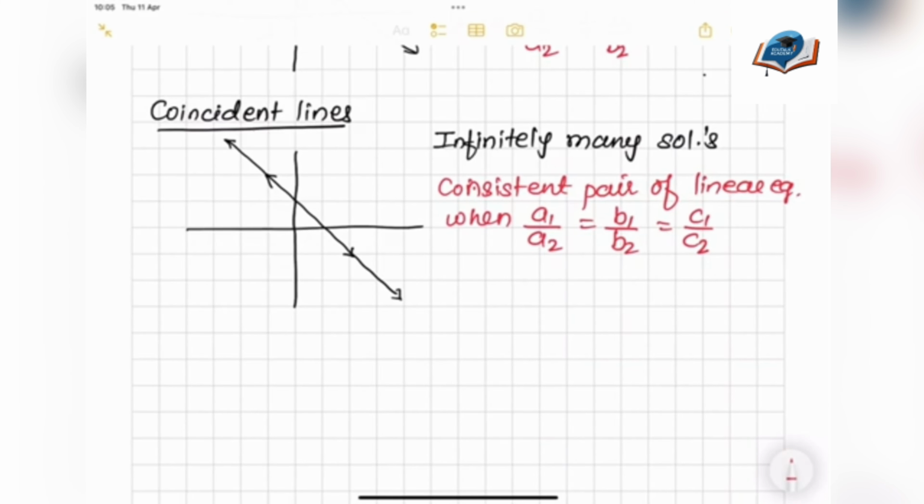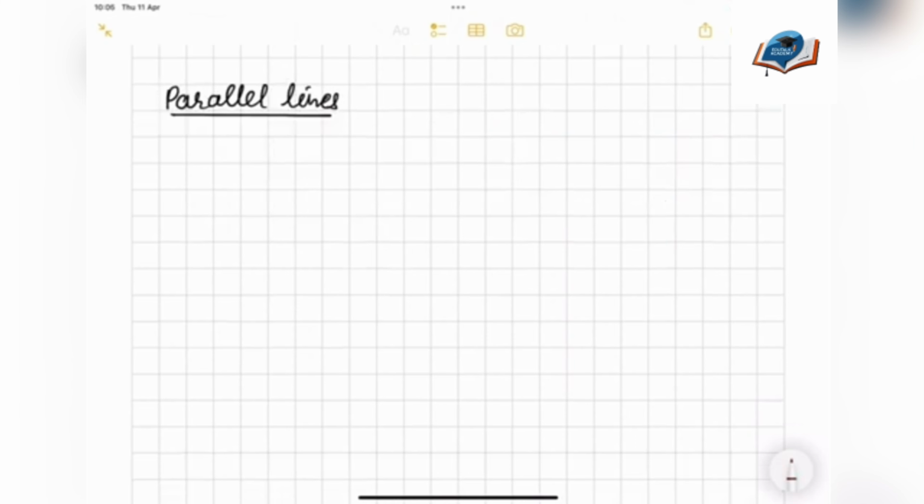That means if the first line is x + y = 3, the second line can be 2x + 2y = 6. In the same way I can take any example and show it. If I multiply the first line, I will get the second line.